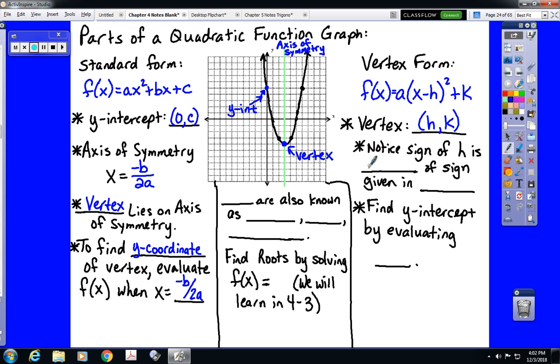The sign of h is opposite the sign given in the equation. The y-intercept we can find as well. The y-intercept is when x equals 0. So if we take x equals 0 and plug that into the function to find f of 0, that would be the y-intercept.